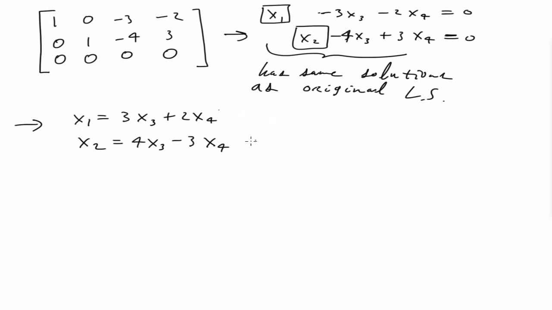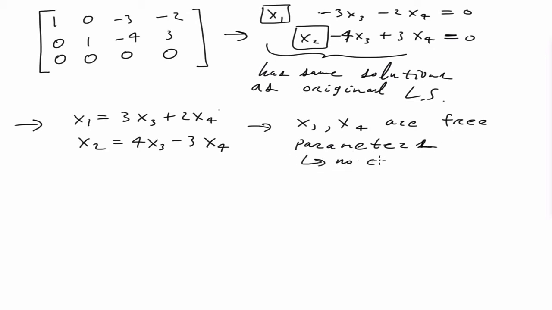So what we conclude then is x3 and x4 are free parameters. There are no constraints on them. And once you choose an x3 and an x4, then x1 and x2 are given to you. They're delivered to you.